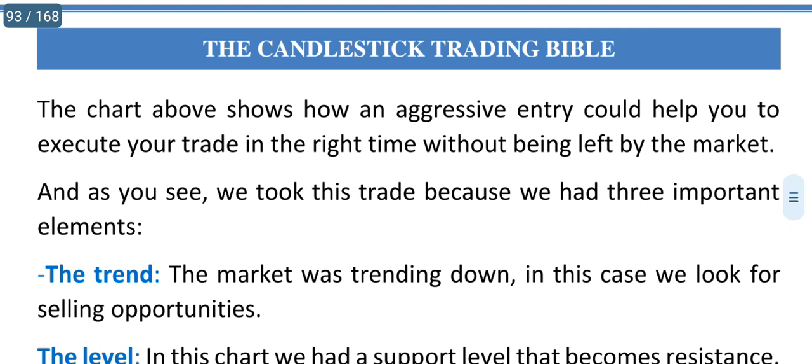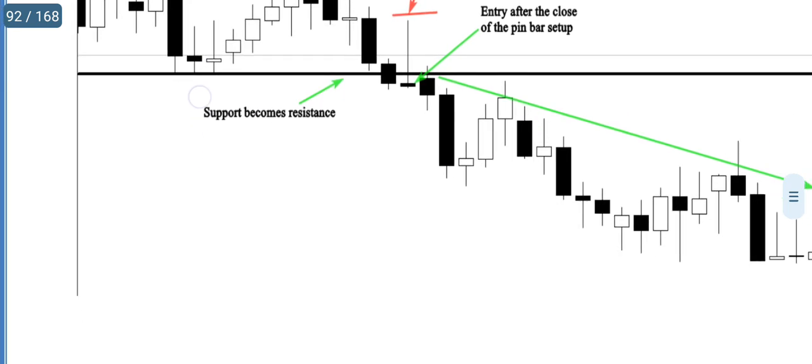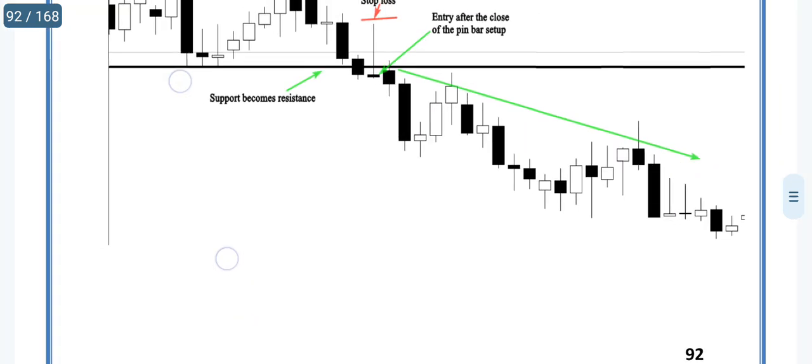And as you see, we took this trade because we had three important elements. After formation of a penny bar, we entered the market, as you can see, and in this case it was a downward trend.